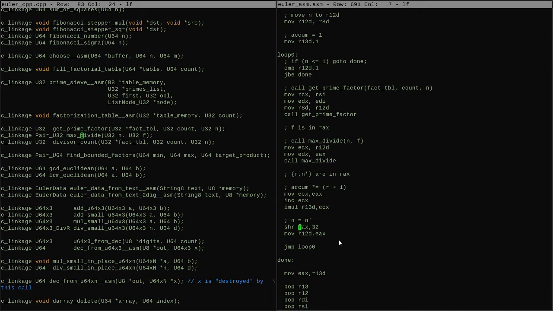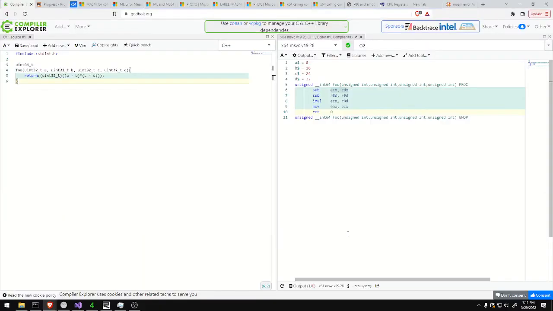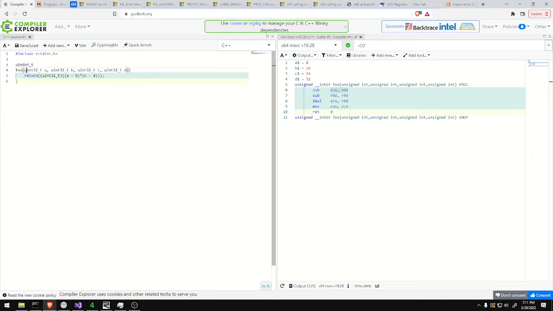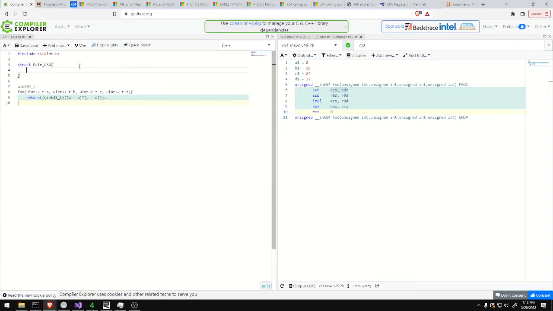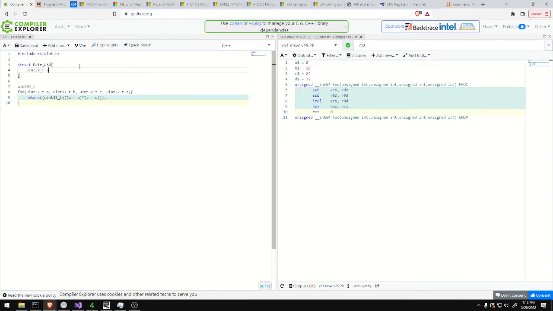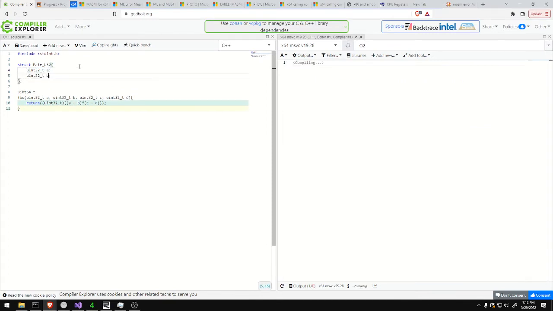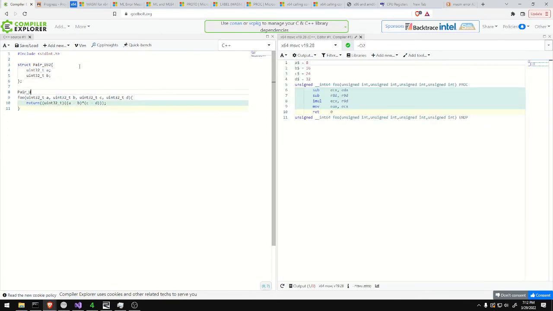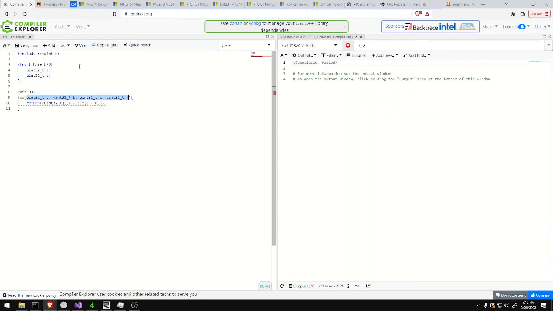So this is the high 32 bits that I'm trying to get at. I want to look at how the compiler does that. So suppose I have a struct that looks like this. And I return it from foo. So it's like this.